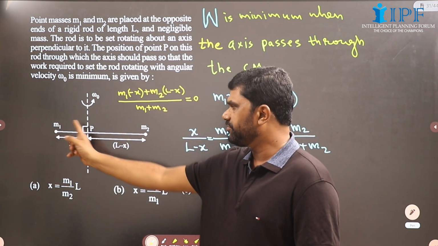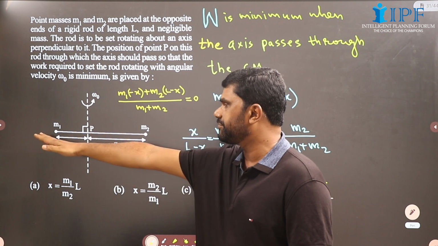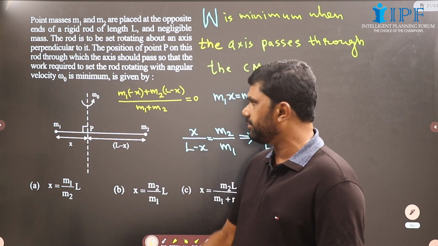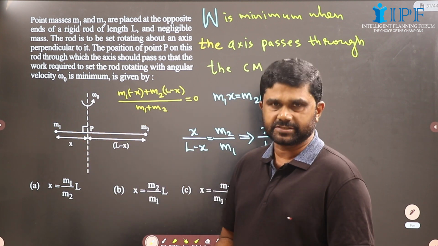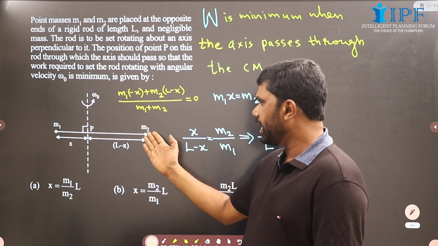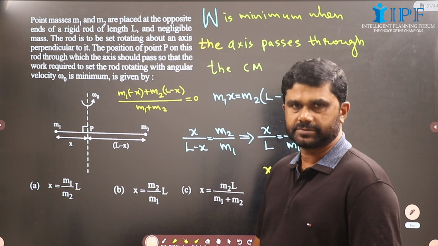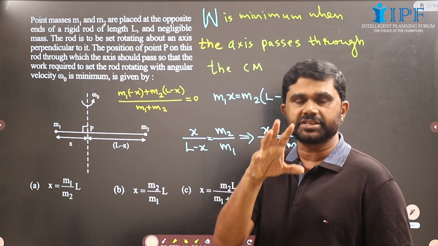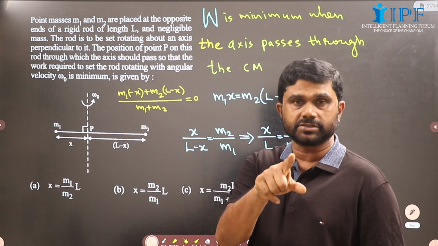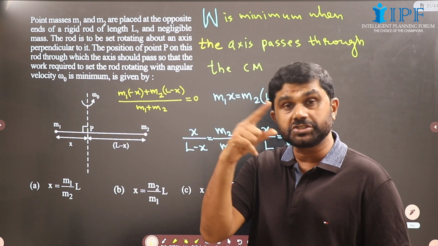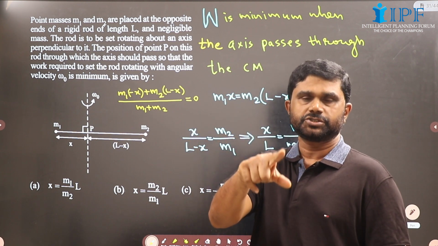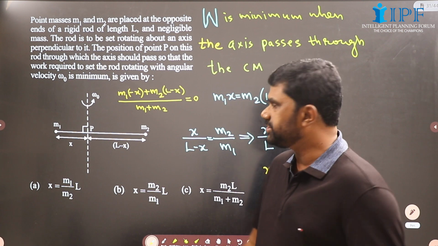And this mass m1 is towards the left, so its x coordinate will be negative, that I have put as minus x. And m2 is to the right and its x coordinate is L minus x, so m2 (L minus x) divided by m1 plus m2, that is the x coordinate of the center of mass. See, we have chosen the origin at the center of mass, so the x coordinate of the center of mass will be 0.